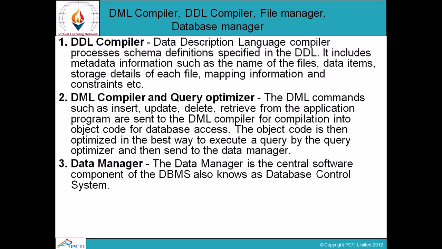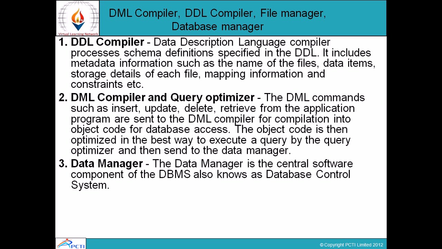But as there is some processing to access your data, the DDL compiler is required. What does the DDL compiler do? The DDL compiler is the data description language compiler, which translates the specific DDL instructions. It includes metadata information such as the name of the file, data item and storage details. And the DML compiler and the query optimizer translate DML statements in a query language into an evaluation plan consisting of low-level instructions that the query evaluation engine understands.